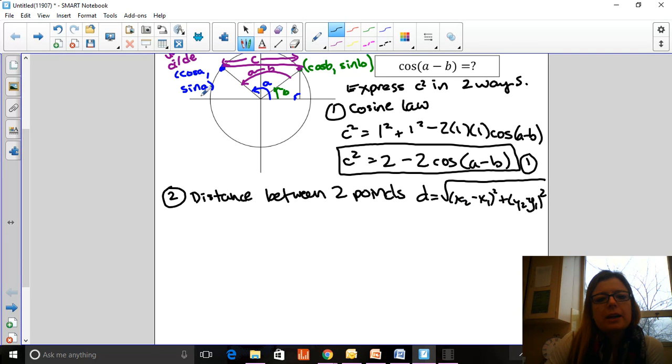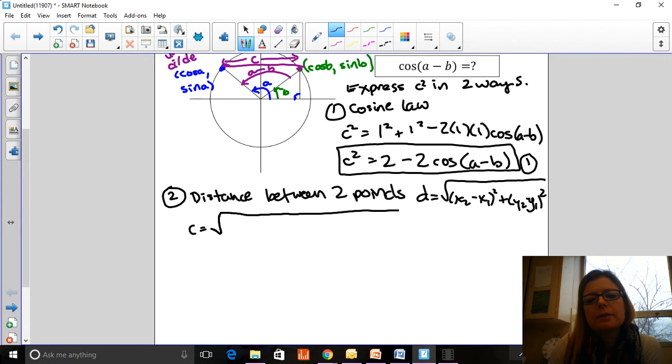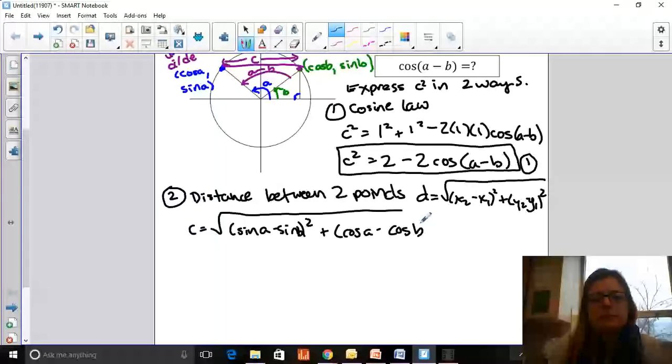So that means from here to here, C is equal to the square root of, x2 is sine A, and x1 is sine B, so sine A minus sine B, all squared, plus cos A minus cos B, all squared.